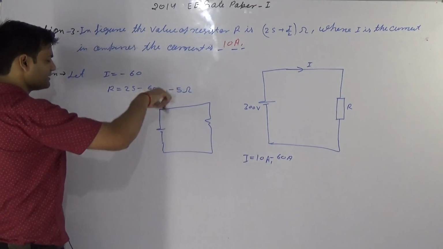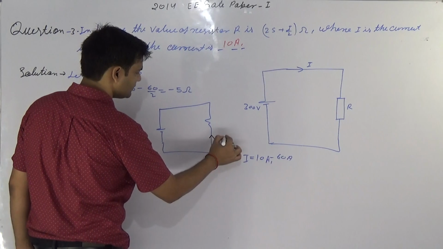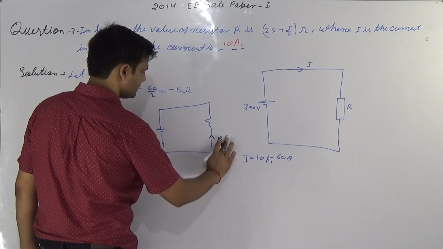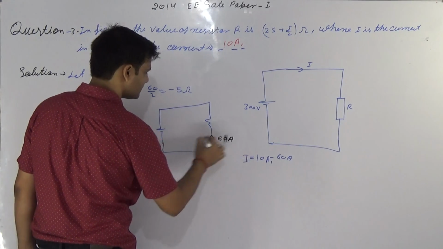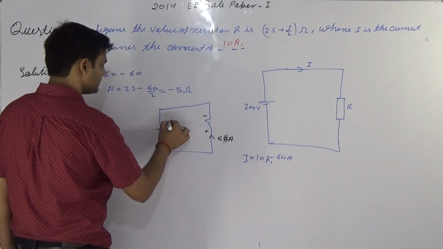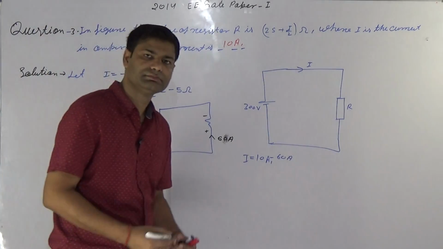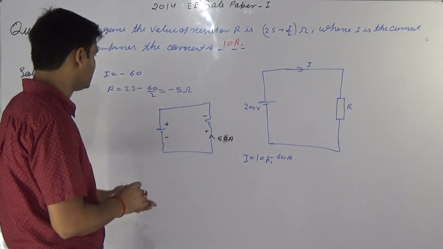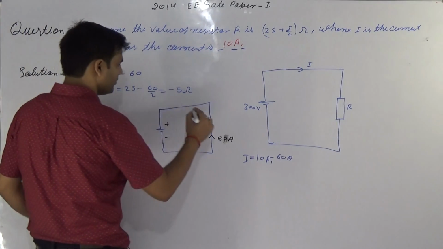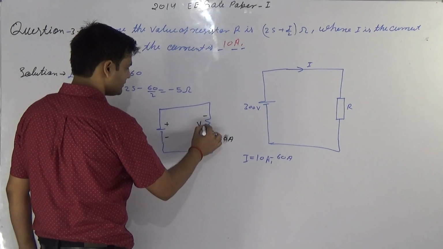With current minus 60 ampere, the current flows through this way.